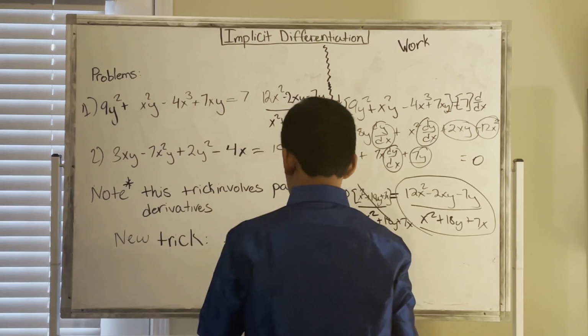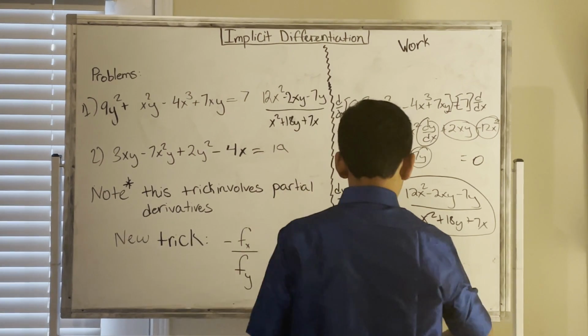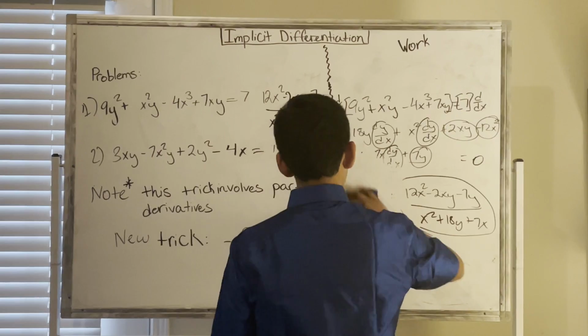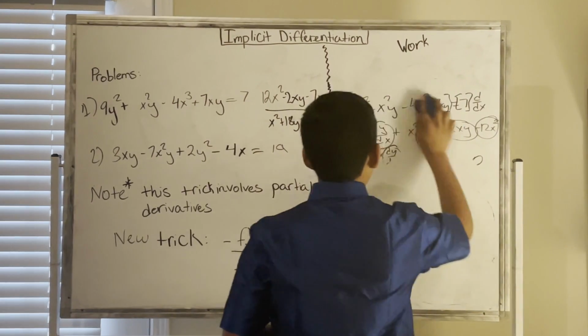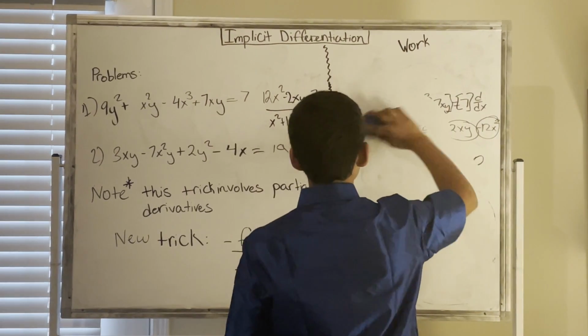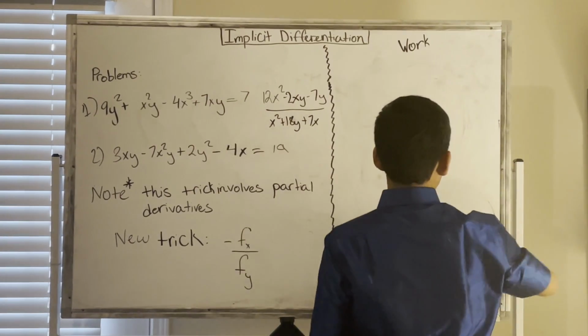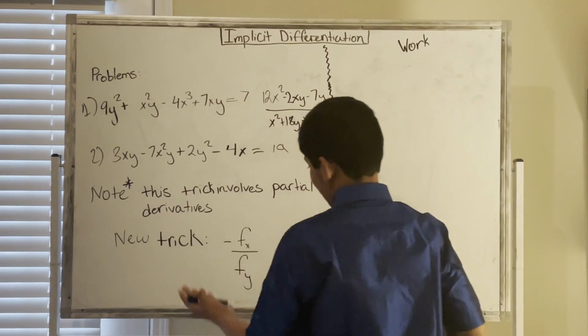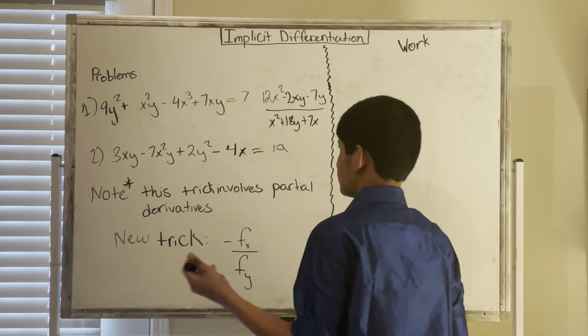Okay, so now let's use this method. This method is just saying we have minus 1 multiplied by the partial derivative of this equation with respect to x over the partial derivative with respect to y.